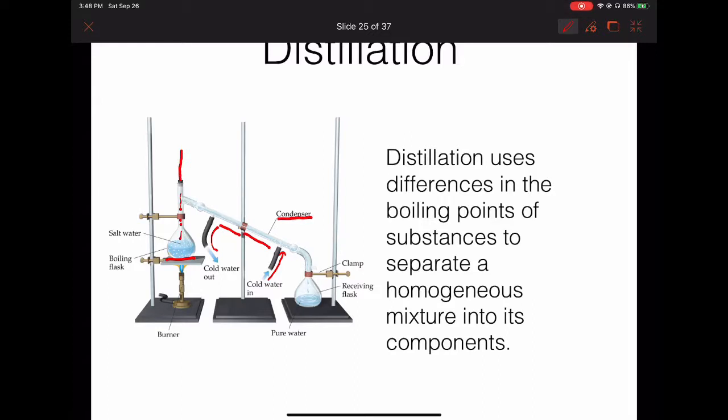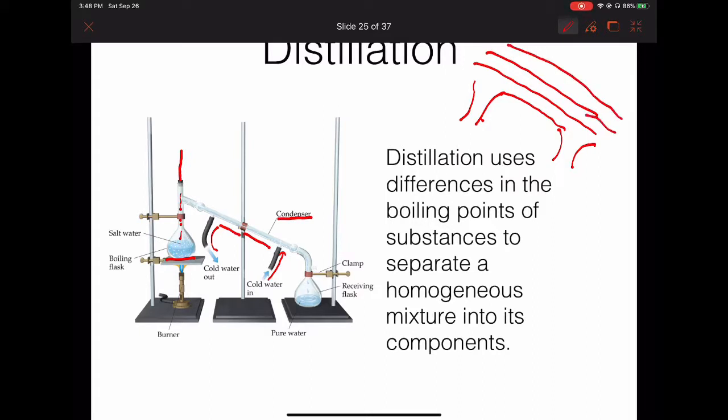So what that looks like is we have two spouts, the in and the out. And then we have a chamber within that chamber and then another wall on the other side. And this is all what's happening within this chamber right here.